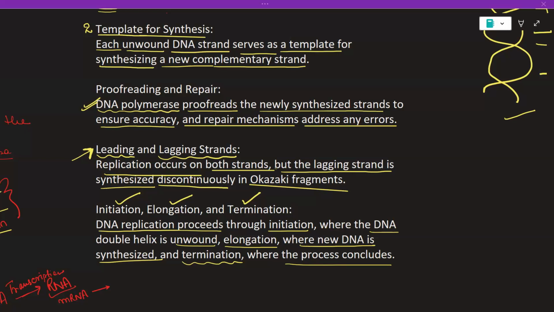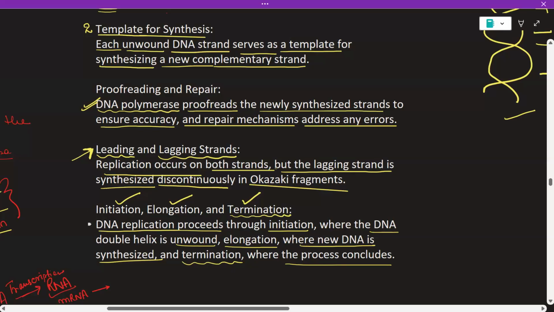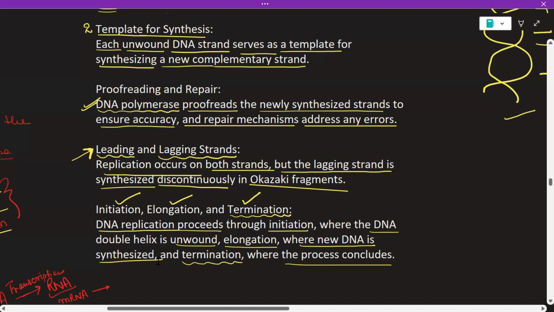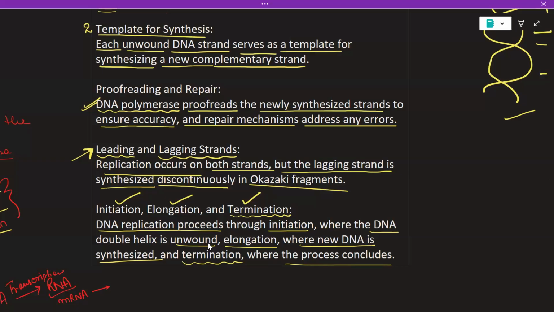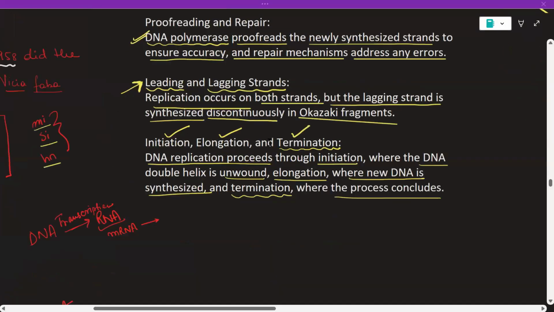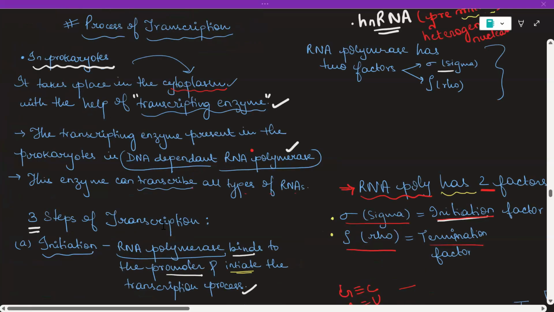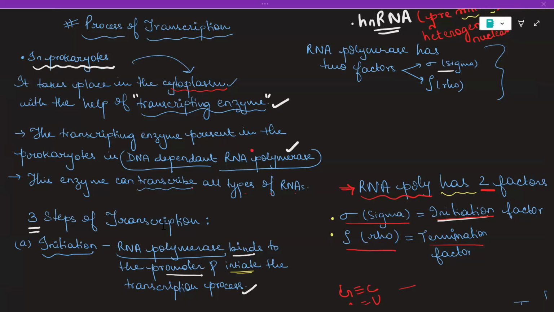The DNA helix that was unwound goes back to its normal state and you have a newly synthesized DNA molecule. Clear? Yes, ma'am. Ma'am, we did this.